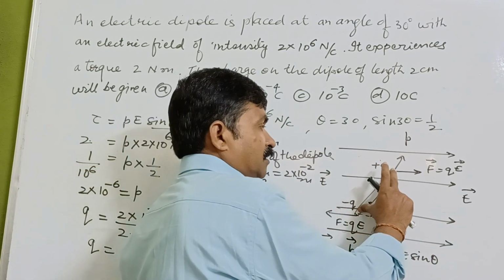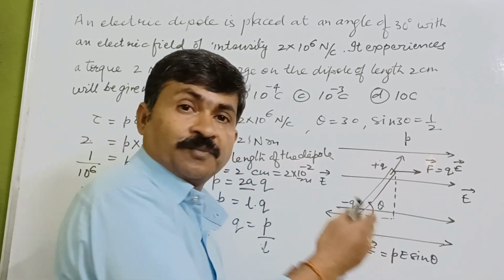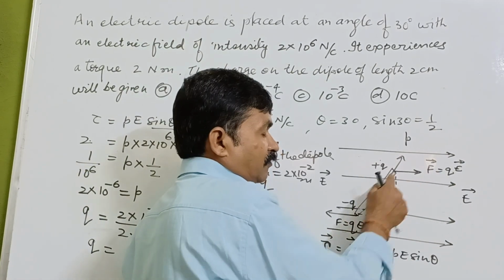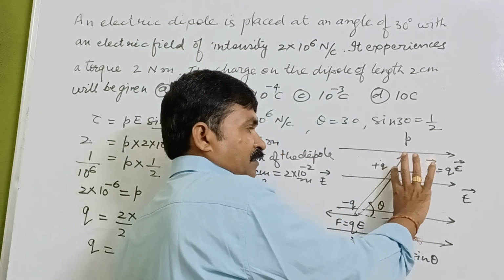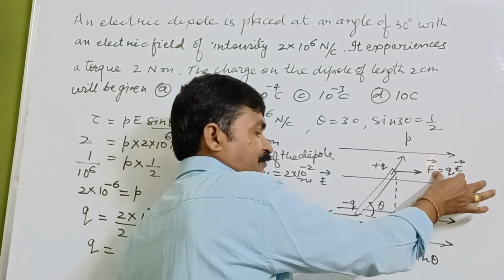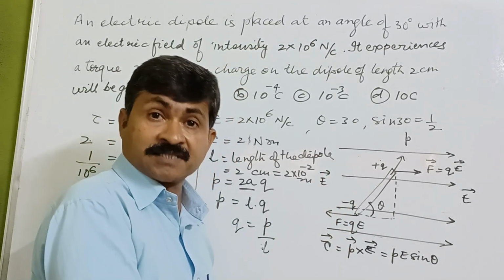Now once torque is there, torque is equal to perpendicular force into perpendicular distance. The perpendicular distance can be calculated with the help of this. This is the perpendicular distance. So once we have the perpendicular distance and force, the torque will be given by force into perpendicular distance.